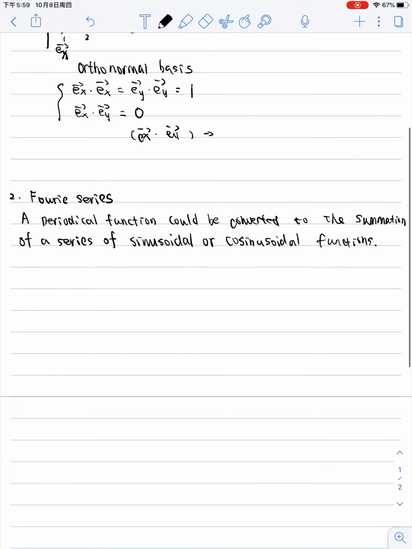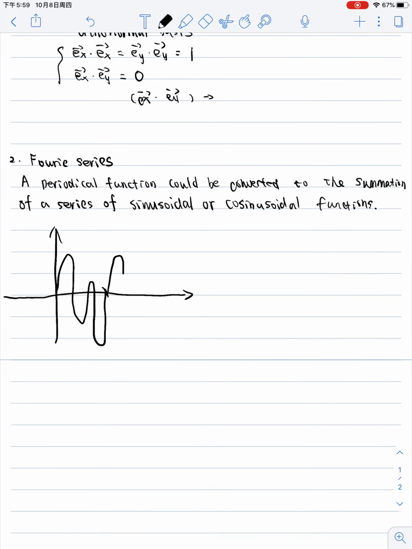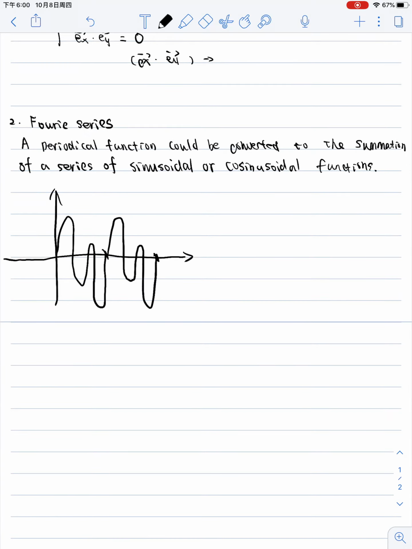For example, we can give you an example. There would be a periodic function. For example, it's like this. It's one period.